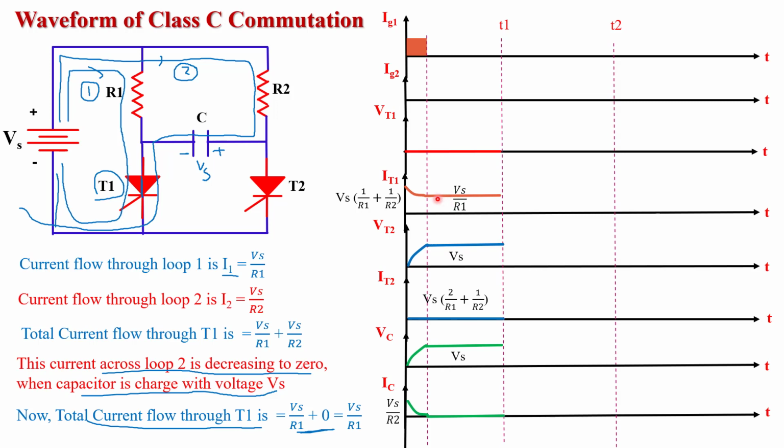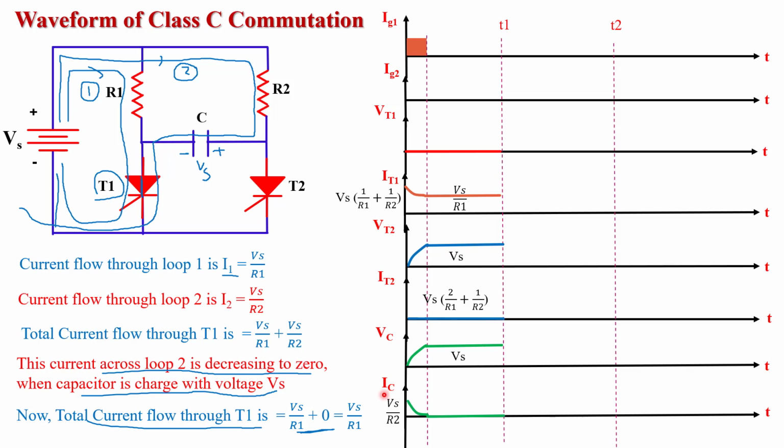Simultaneously, we draw the waveform of Vc and Ic. When current flows through loop 2, the capacitor is slowly charged to some voltage. At this point, the capacitor is charged to the maximum Vs voltage, and the current across the T1 thyristor is Vs by R1.